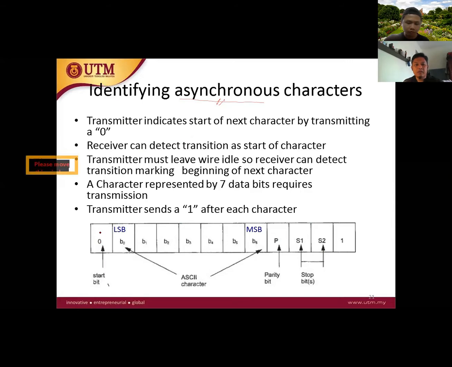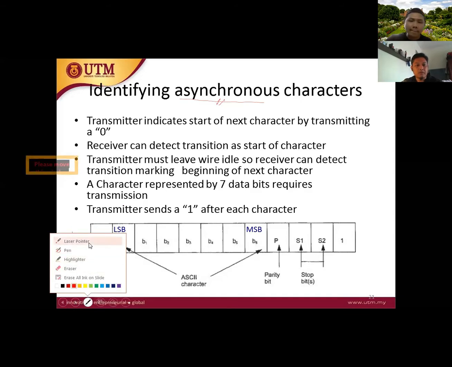Okay, basically when the receiver reads a 0 value, okay, it will start to do a conversion. So zero value means that when it receives a low voltage level on the data transmission line.